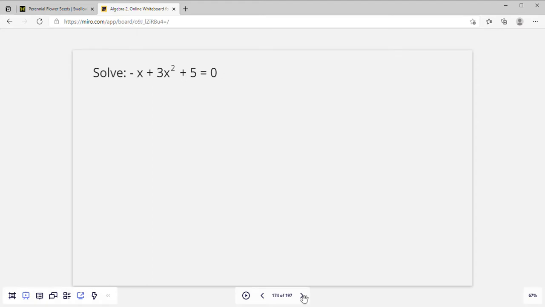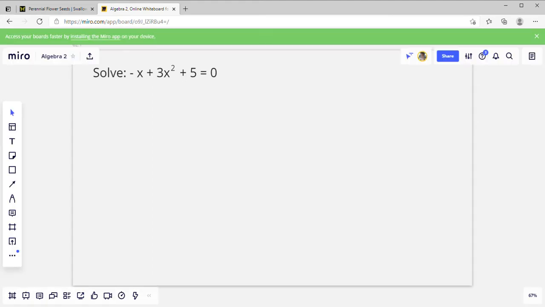First thing we need to do is rearrange the equation. So we're going to take this 5 and move it to the other side. I'm going to go ahead and write that squared term first. So 3x squared minus x equals negative 5.